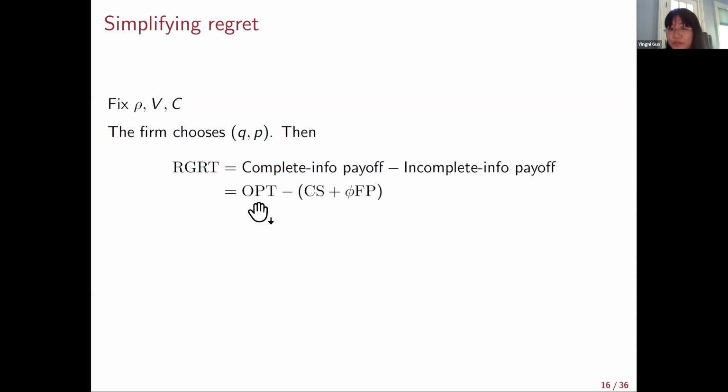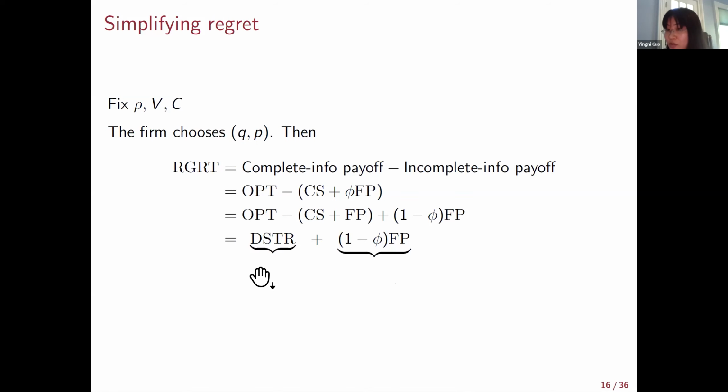So the complete information payoff is the maximum total surplus, and the incomplete information payoff is the weighted sum of consumer surplus and the firm's profit. We simplify it a little bit by adding 1 minus phi times the firm's profit inside and outside these parentheses, and eventually we can represent the regret using two very intuitive terms. So the regret is a sum of distortion and a weighted fraction of the firm's profit.